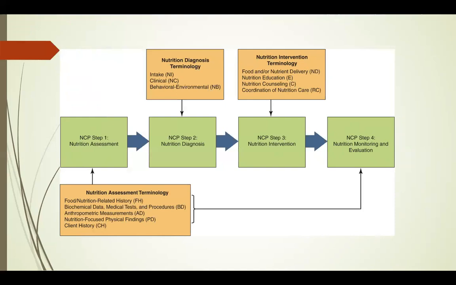So, for example, the diagnostic term inadequate carbohydrate intake has the code N1-5.8.1106670, and that could be used in billing. I will add in this nutrition intervention terminology, there is one more part of this domain, and this is community care, but we'll see that coming up.